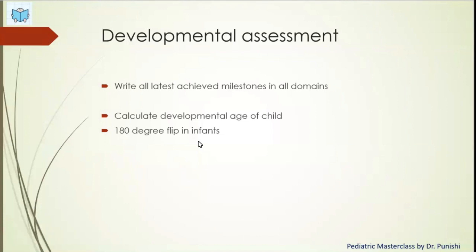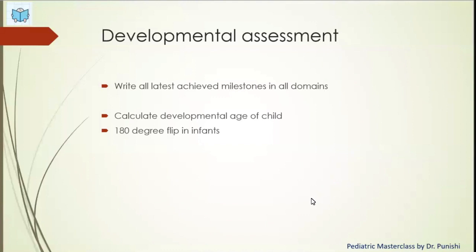Then you put the child in sitting position, and then eventually you flip the child into prone. Again, you will look for the kind of head holding, neck holding, and what is the shape of the body, whether there's flexure, contracture, etc. So that is how we do developmental assessment on the basis of examination, which is different from what we saw in the history taking part.